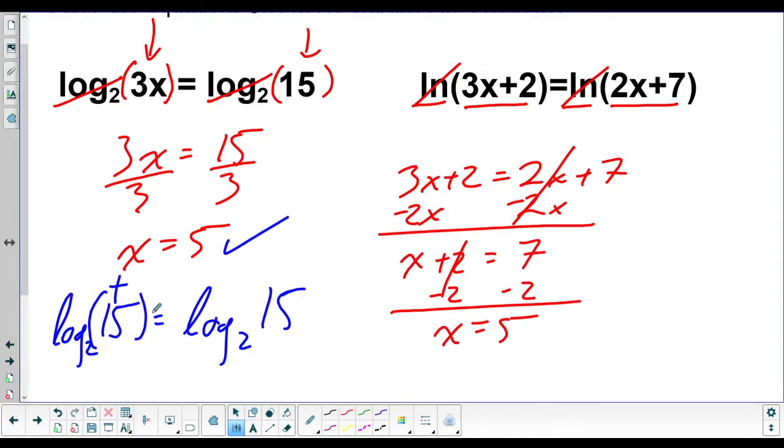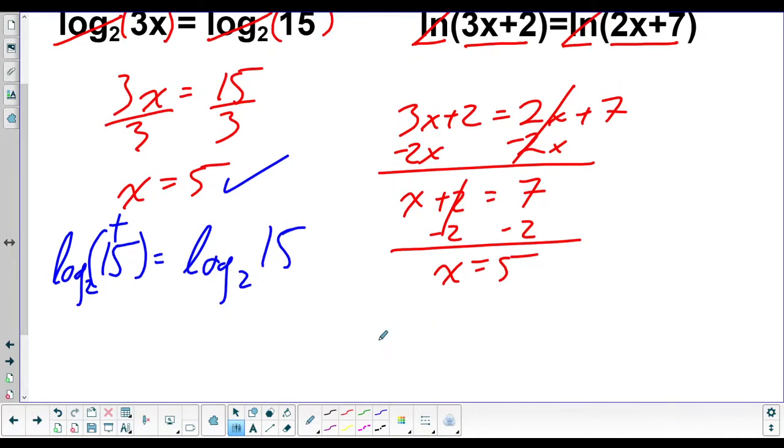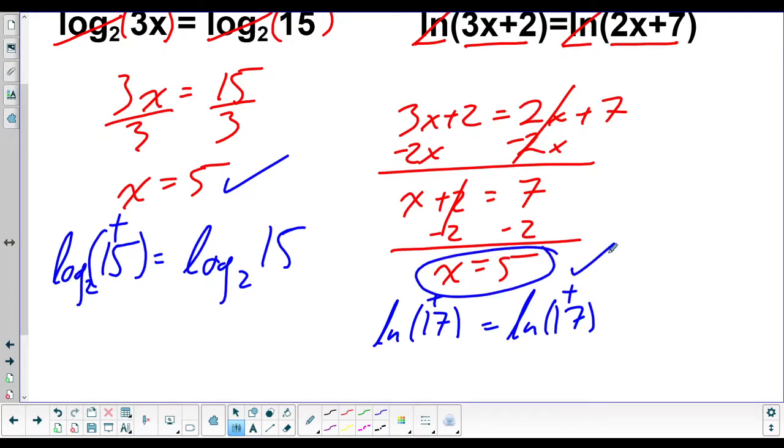If we plug in 5 here, we're going to get the natural log of 5 times 3 is 15 plus 2 is 17. Positive number, we're okay. Equals the natural log of 2 times 5 is 10 plus 7 more would be 17. This is also a positive number, so that's also okay. So this works. This is fine.